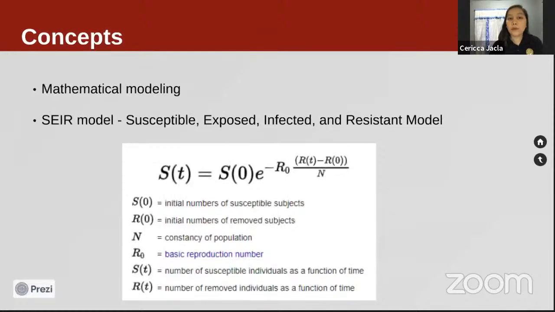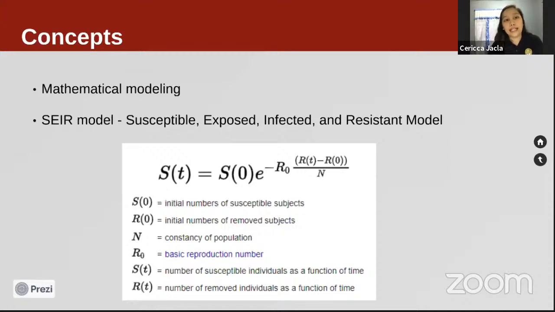Two of the most important concepts that we're going to use in this presentation: mathematical modeling is a process of creating a tractable mathematical formulation wherein it can provide insights, answers, and guidance to the originating application, which is part of the objectives of our researchers, that is to give some assessment on the lockdown in their country.